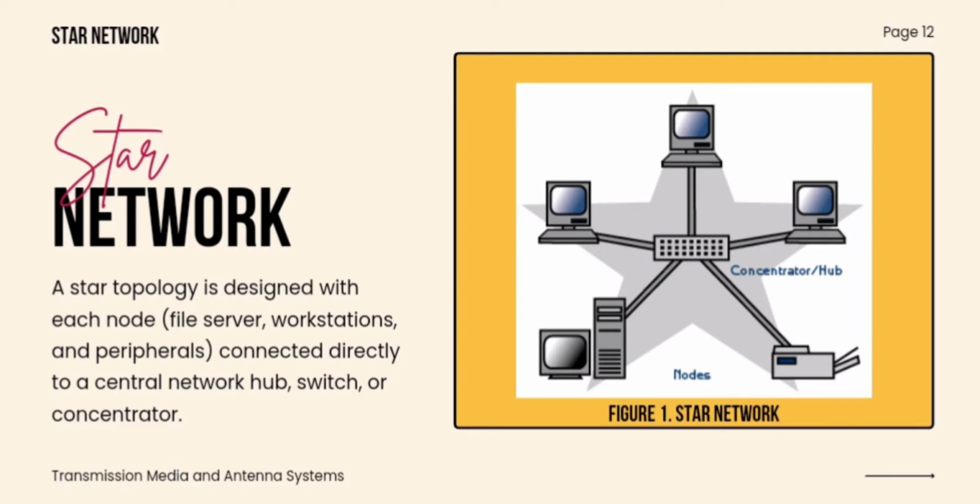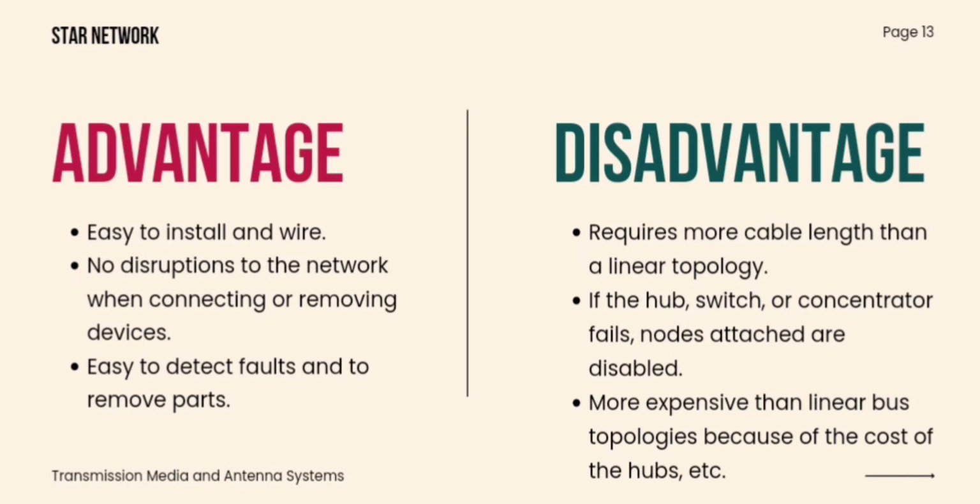This configuration is common with twisted pair cable, however, it can also be used with coaxial cable or fiber optic cable. So, the advantages of the star network are that it is easy to install and wire, there are no disruptions to the network when connecting or removing devices, and it is easy to detect faults and to remove parts.